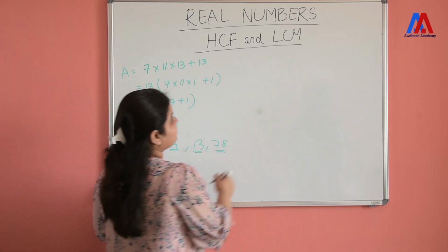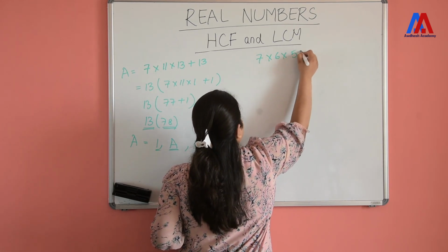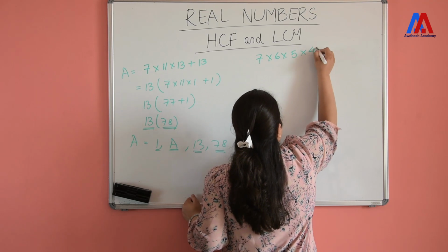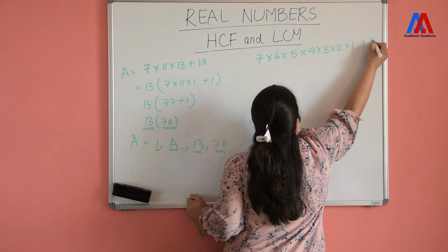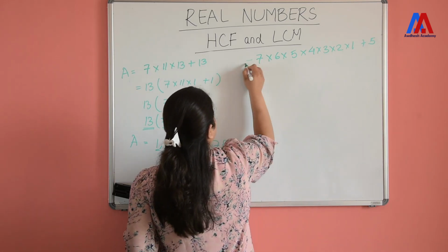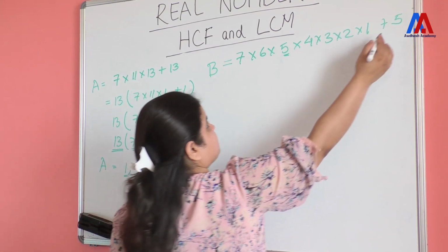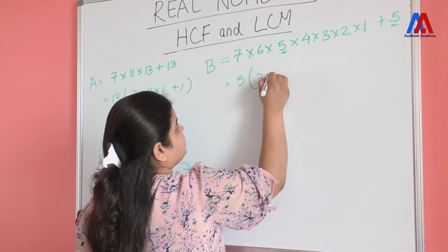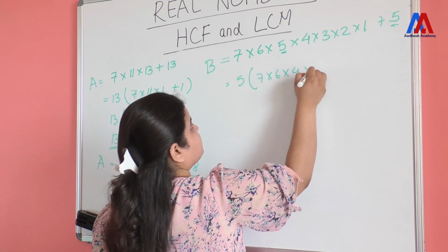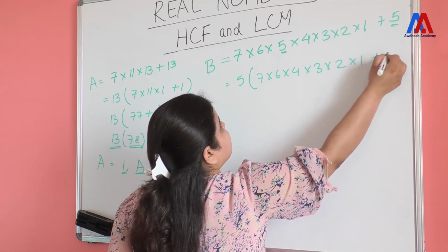Now the next number we have is 7 into 6 into 5 into 4 into 3 into 2 into 1 plus 5. Now let this number be b. We can take 5 as common and we'll get 5 into (7 into 6 into 4 into 3 into 2 into 1 plus 1).